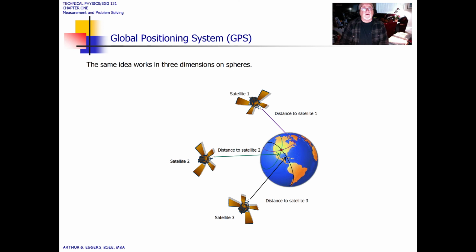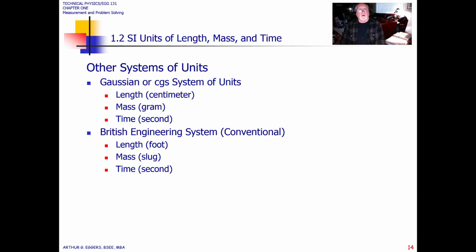The same idea works for spheres. In this case, looking at the GPS satellite system, you can see that with just 3 satellites, your location can be determined. It may not be very accurate, but it has a pretty good probability of the area where you are located.